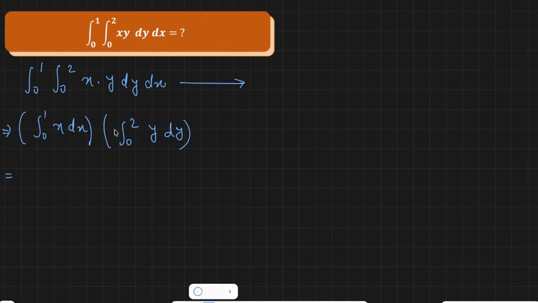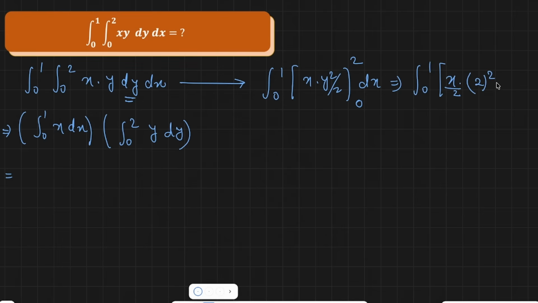If you don't want to solve like this, then you proceed with this 0 to 1. First you integrate with respect to y, it will be x into y square by 2. Now you put the limit from 0 to 2, so it will be x into 2 square by 2 minus x into 0, and this is your dx.